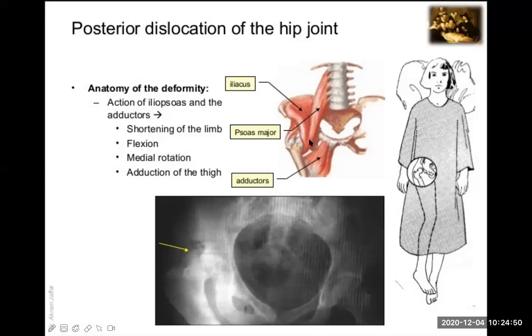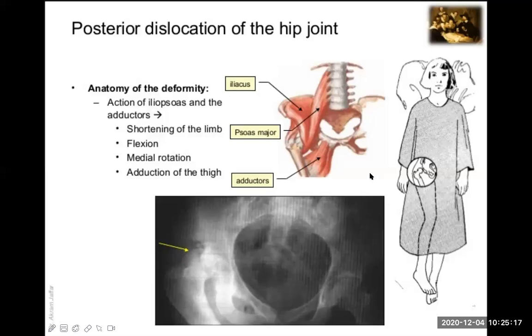This is known as iliopsoas. Iliacus and psoas major combined are known as iliopsoas, and these are the adductor muscles. Because of this, there is a classical displacement after the dislocation of the hip. The flexion which we were talking about is caused by iliopsoas, and this adduction is caused by this adductor group of muscles.